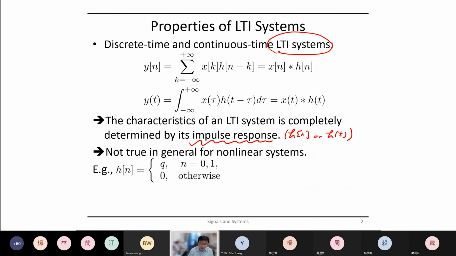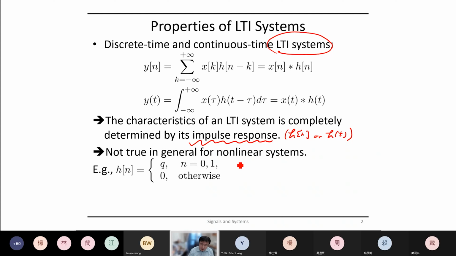In fact, suppose that we obtain the impulse response h of n that is equal to q for n equal to 0 and 1, and 0 otherwise. So h of n is the output when you insert a delta function at time 0.